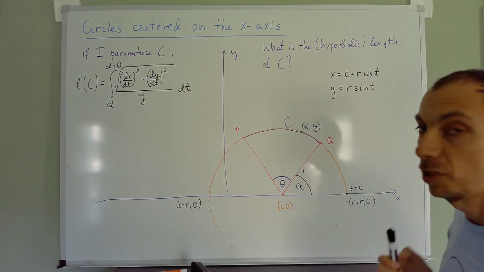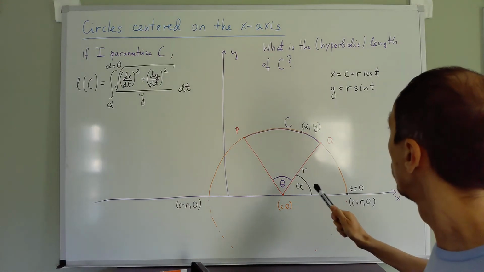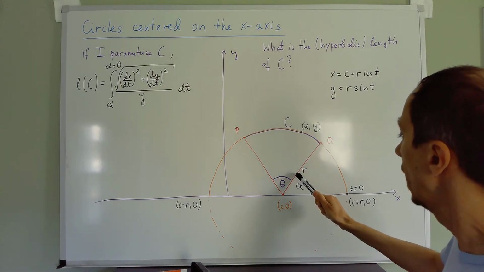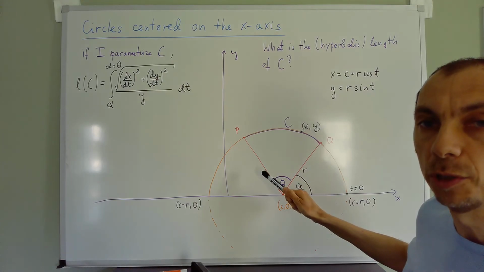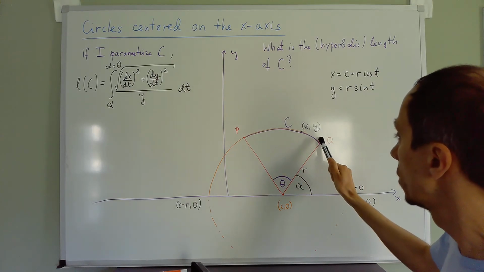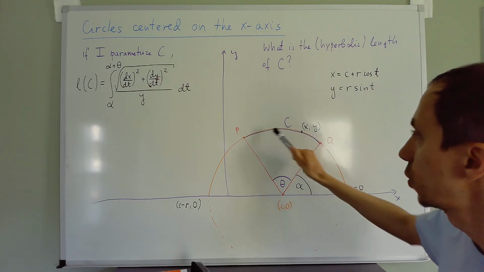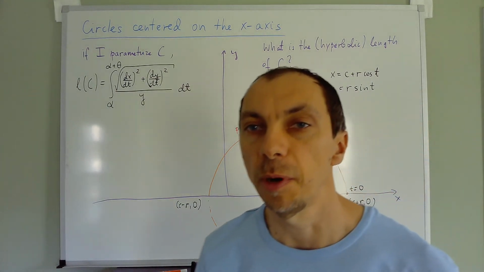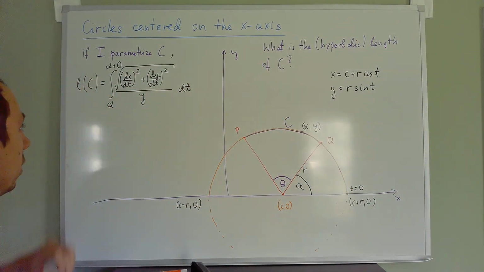That is a good parameterization of the curve. We start with t equal alpha, and then we go all the way up to alpha plus theta, and then we trace out this arc here. And with this parameterization, we get this formula for the length of the curve.